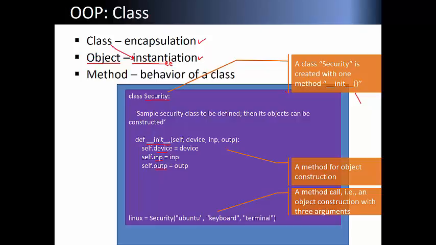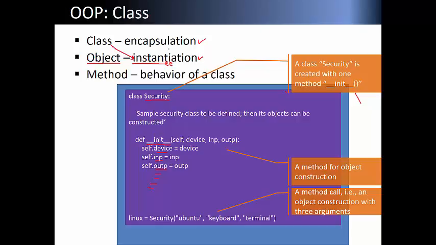But in this way, what this class encapsulates is device, input, and output. You can name it as you wish. Then these are all the components that can constitute a class called security. Okay, this is a reserved word.